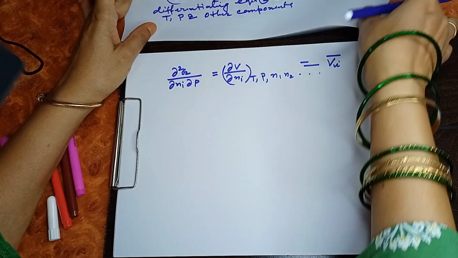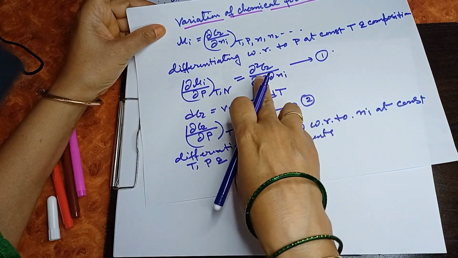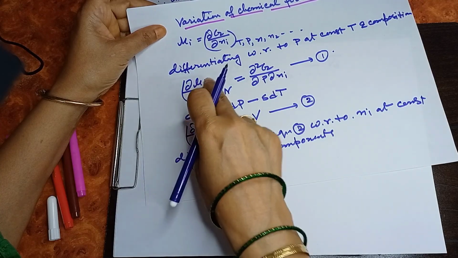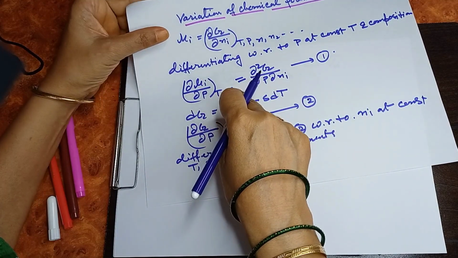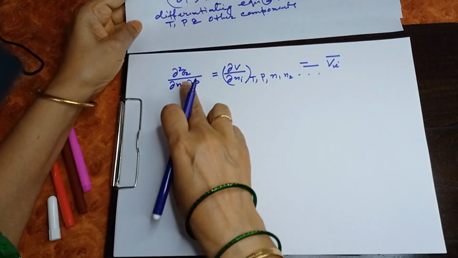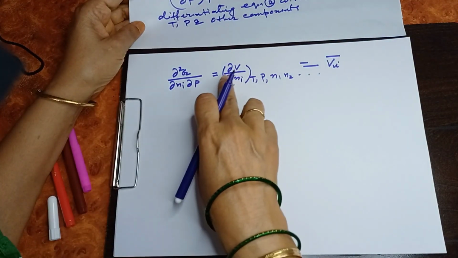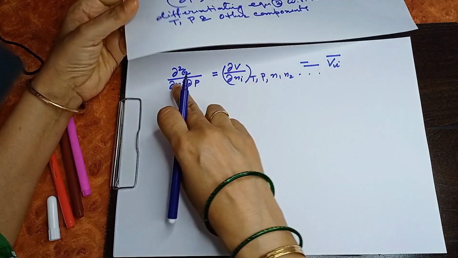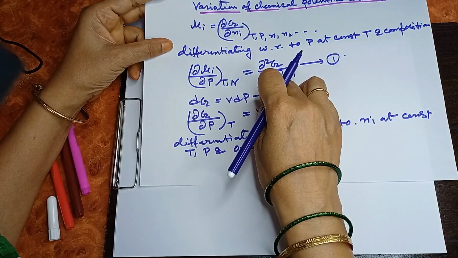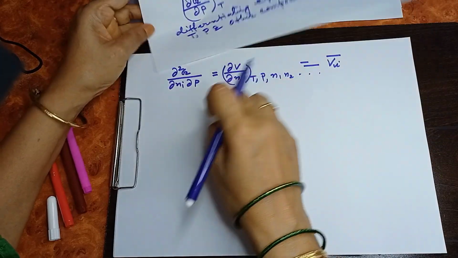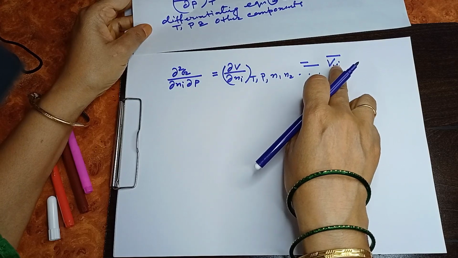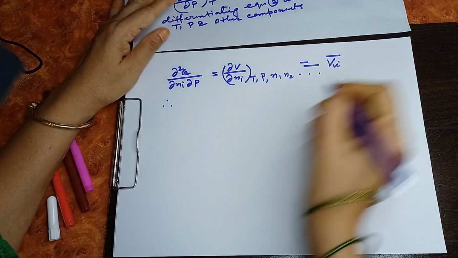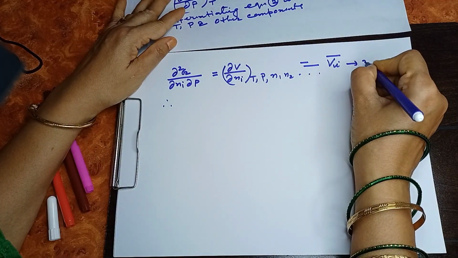So now you see, in equation 1 we got ∂²G/∂P∂n_i equal to ∂μ_i/∂P, the variation of μ_i with respect to pressure at constant temperature and composition. Similarly, here also ∂²G/∂n_i∂P is equal to ∂V/∂n_i, that is the partial molar volume. So these are the same, and we can equate them. This is my equation number 3.